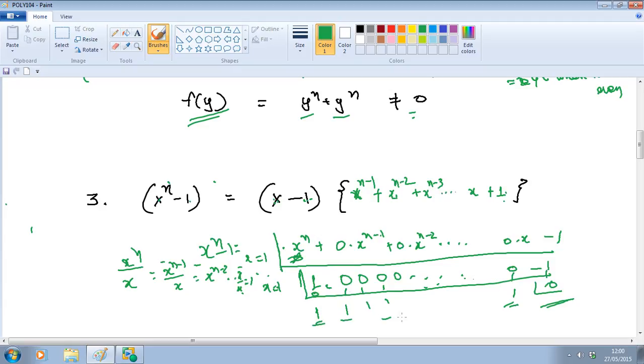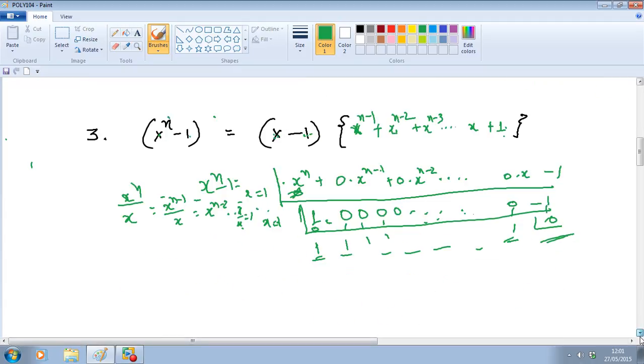What you get is 1, 1, 1, 1, 1. If you write this, how will it look? This is x to the power n minus 1, x to the power n minus 2, like this, the prior term is x, plus the last term is 1. This will become 1 now.